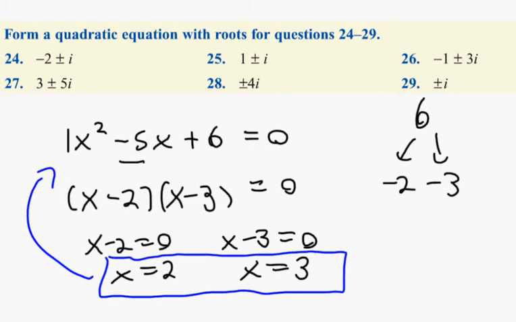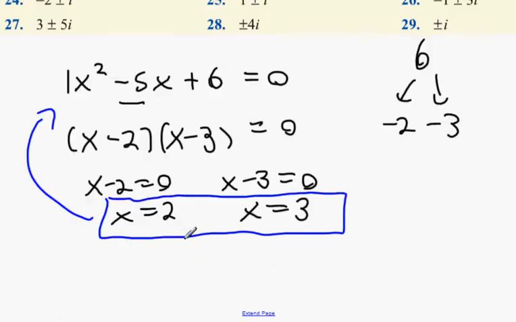There's a rule you're going to have to learn off by heart for this section. It's not in your tables. These are known as the roots. To make this equation again, and this always works, you do x squared, or whatever letter you're talking about, minus brackets, sum of roots.